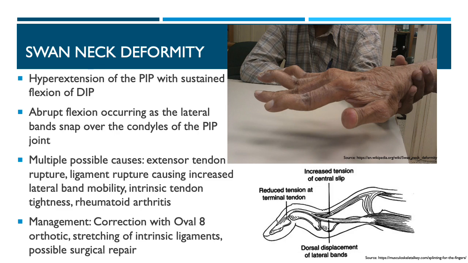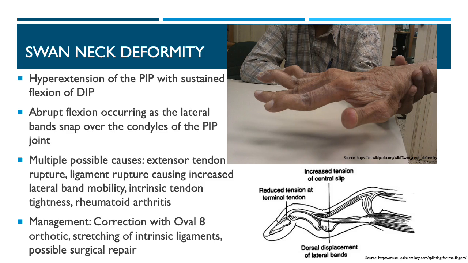So if the volar plate isn't able to maintain the PIP in flexion, it'll allow hyperextension and that can become fixed. So we would typically try to correct this with what's called an oval 8 ligament that I'll show you guys towards the end of our lecture. The orthotic would allow full flexion but hold the PIP joint in a nice neutral extension.